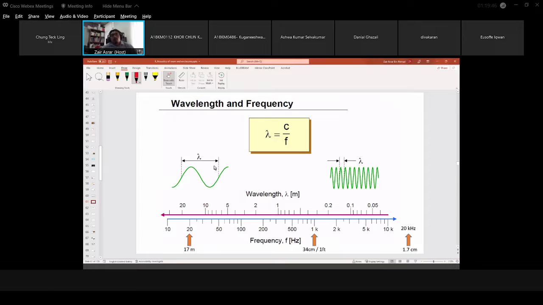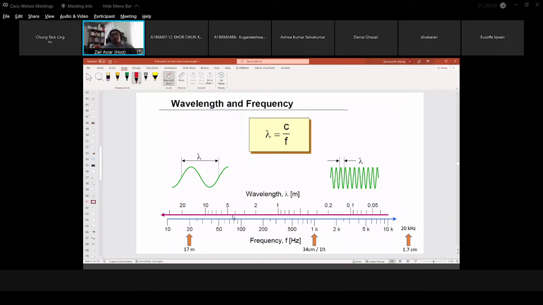Okay, so if we relate back what we have learned so far about the physics of sound, this is our wavelength lambda. It's related to speed of sound c in air over frequency. So if frequency goes higher, lambda goes lower, but if frequency goes lower, lambda goes higher, since we have a c that is almost constant, right?